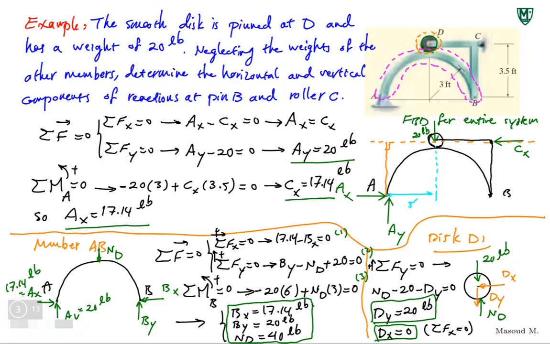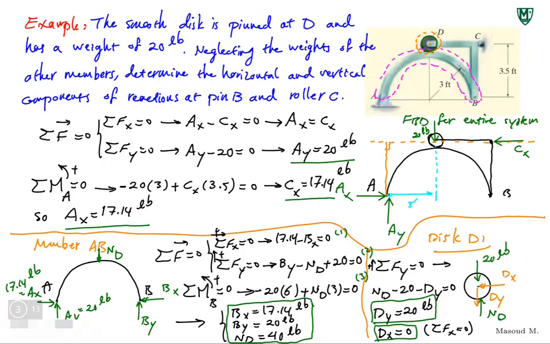Now I looked at member AB. There was a little bit of confusion there. We knew that there are reactions at A. B is a pin connecting AB to BCD, so I put those components there when I took AB out of the whole frame.